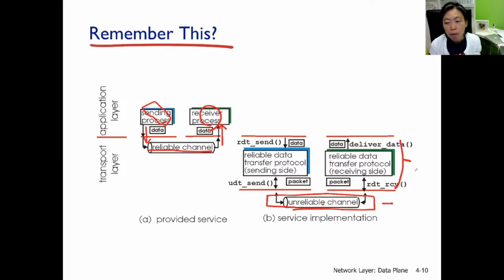More unreliable, more complex. Less unreliable, less complex. So the service model we'll be talking about next is about how we implement, what kind of channel we're providing here. Are we going to provide a more reliable channel or a less reliable channel? A more reliable channel is one service model. A less reliable channel is one service model as well. And we could actually have a spectrum of different service models here.